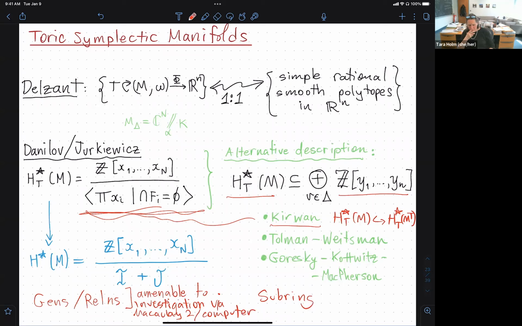So for example, the subring description, I'll just say that it's harder to program, at least with my limited programming skills. This is less amenable to that kind of calculation. But it has other uses, of course.